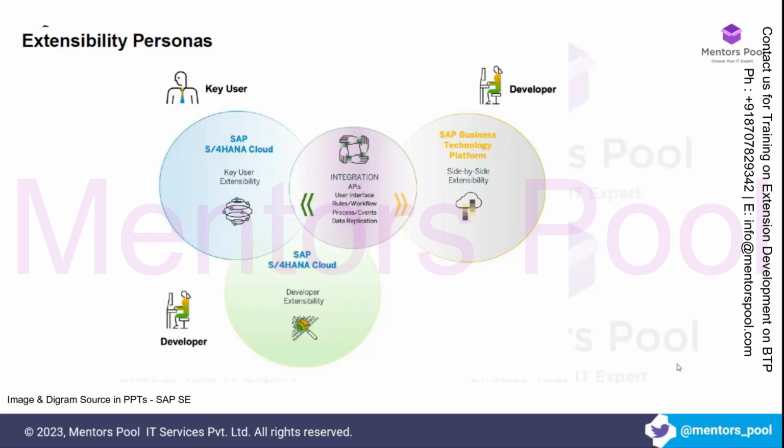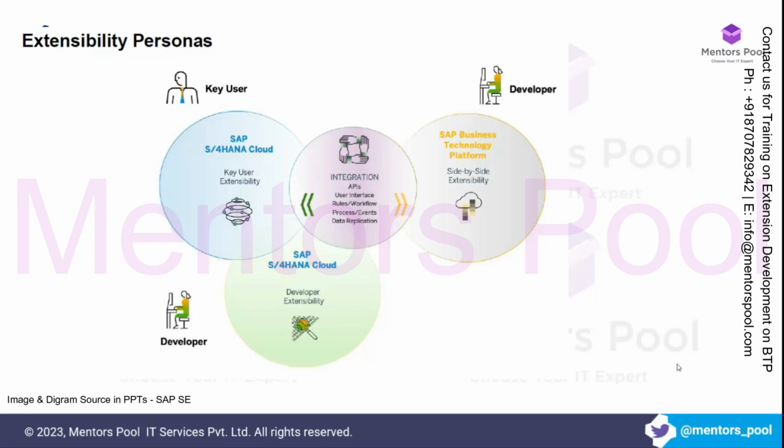Personas are not very important, but when we are extending a project, and we all probably have gone through it, who would like to extend an application, and where would I need access to an application?